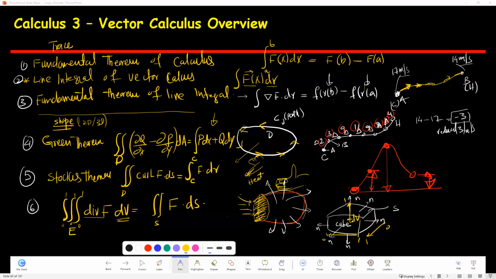This dV is a little piece you're taking out of this cube, but this whole cube you call E, right? That is the E you use here. You can call it E, you can call it D, whatever letter you want, it is nothing but the domain of the system.